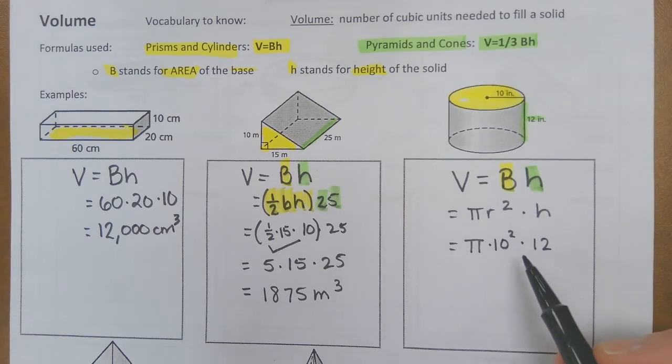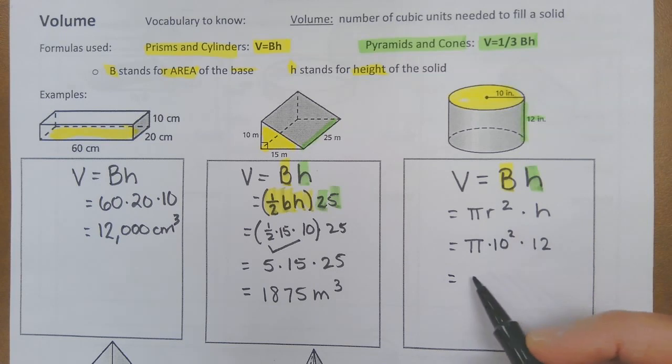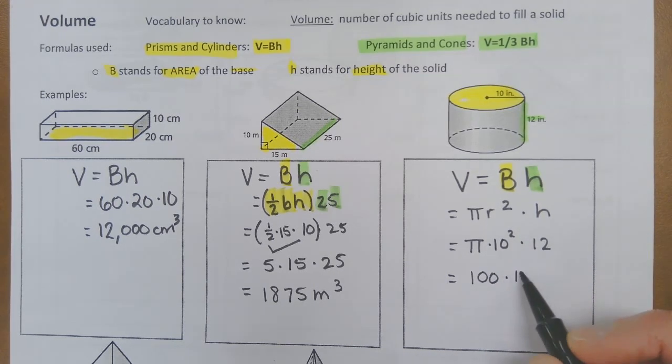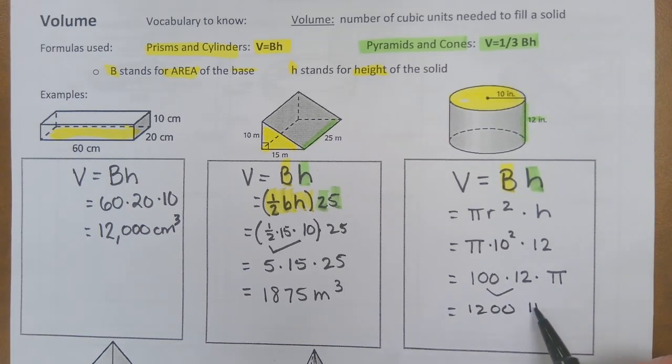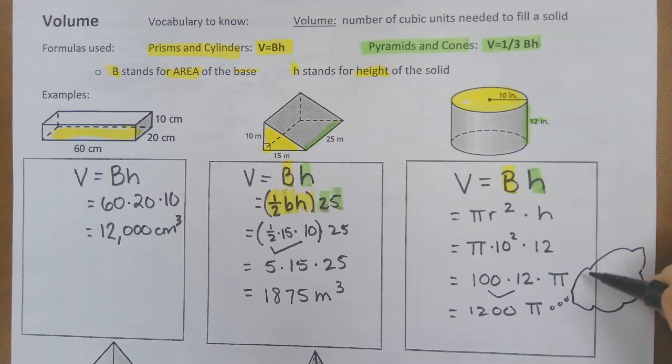So now I'm going to do a little bit of rearranging. We're going to say pi to the end, so I'm going to move this. 10 squared is 100 times 12 times pi, and then 100 times 12 is 1200 times pi. So we want to always keep pi as long as you can, and we call this in terms of pi.